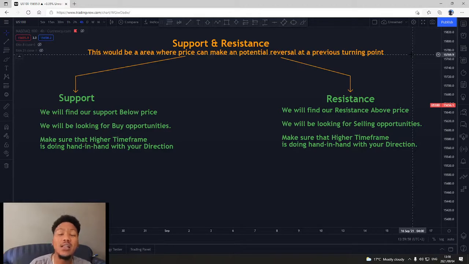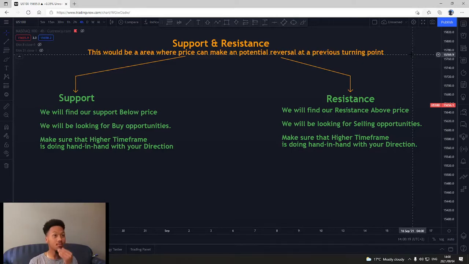Our support and resistance plays a 100% role inside the market. Now, I'm not saying that support and resistance would be the golden ticket to have a successful trading journey whatsoever. No, you can look at this as one form of confluence once it comes to your analysis or in your trading journey. One form of confluence.